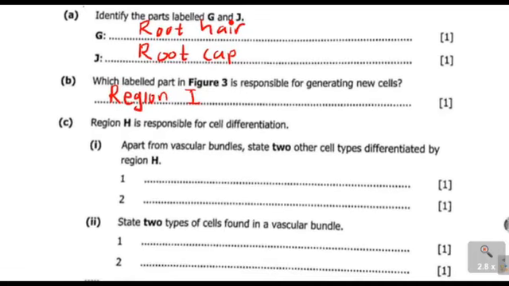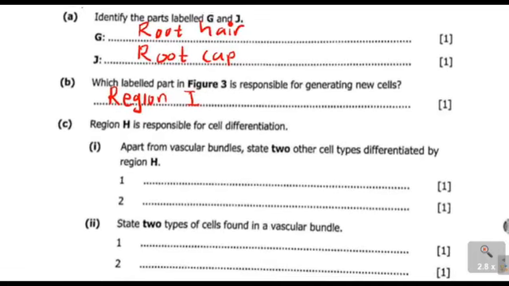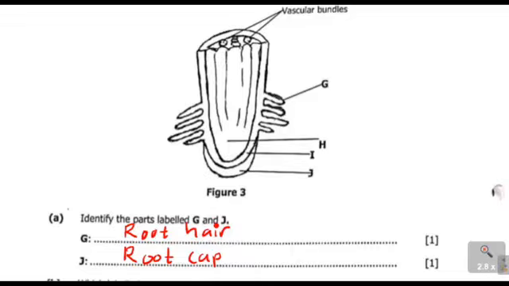So we now come to question C right here, and question C reads, region H is responsible for cell differentiation. Apart from vascular bundles, state 2 other types of cells differentiated by region H. So this is region H right here, and it helps in differentiating cells.